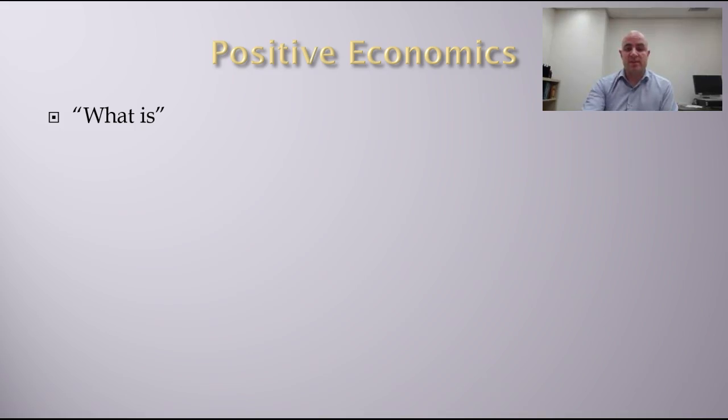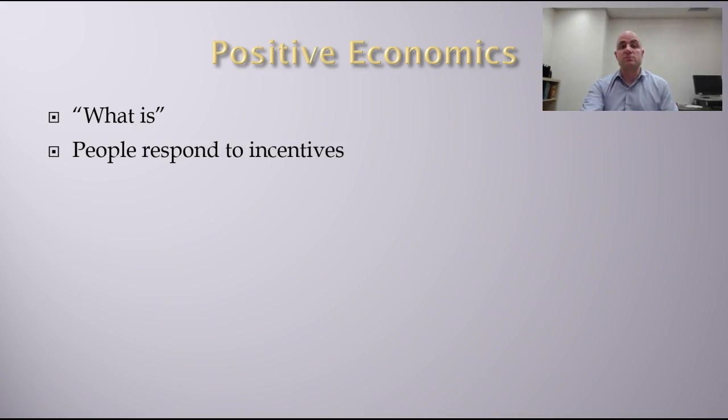It's assumed that people respond to incentives, and that's the biggest thing out there. It's assumed that people are rational. If I say, I'll give you $20 to jump up and down on one foot, that $20 is an incentive. Now, other assumptions need to be discussed.